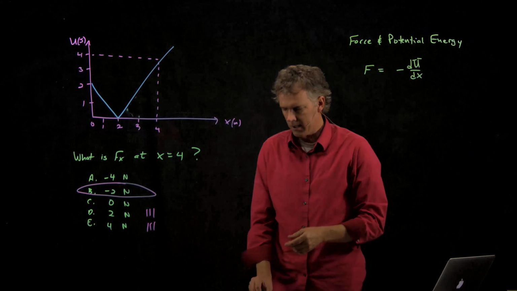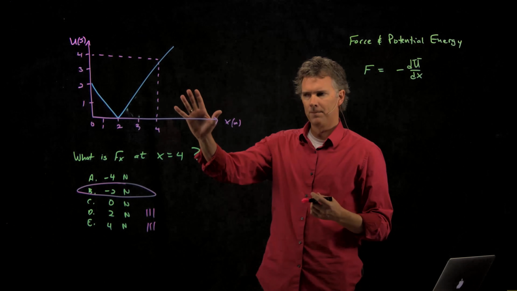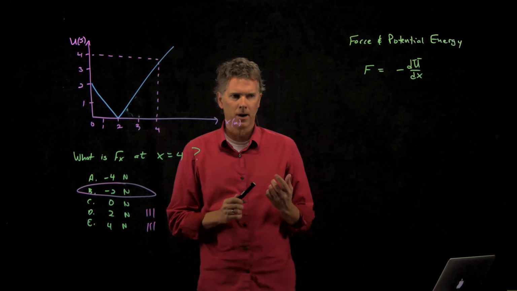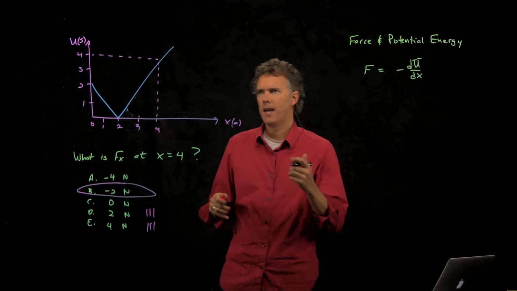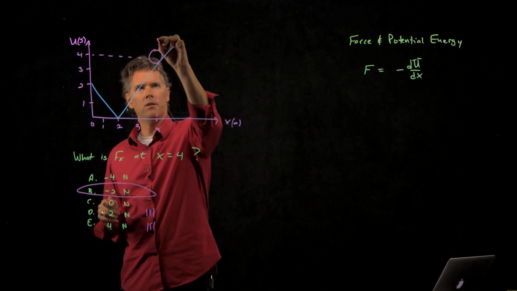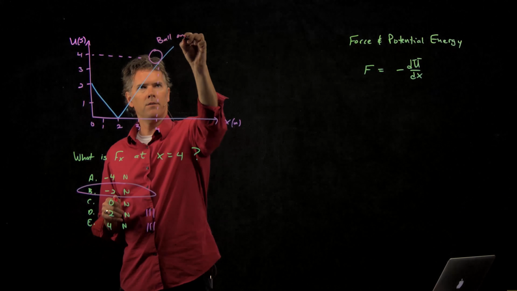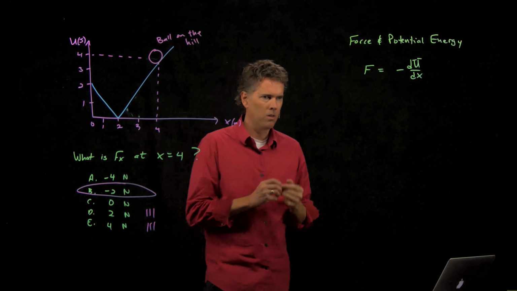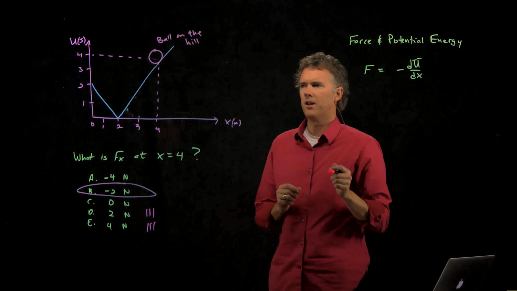Now, when you look at potential energy curves, there's a very nice way to double check whether you're thinking about it correctly or not. And that is, put a ball on the hill. If this potential energy curve is a hill, the ball will tell you what's going to happen.